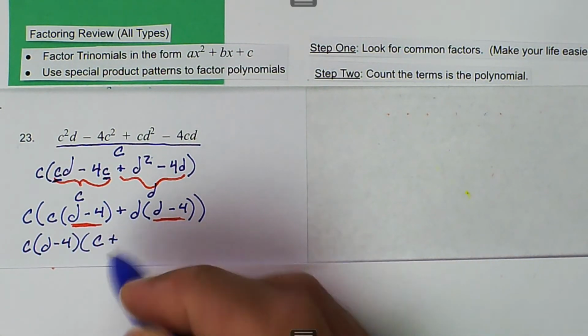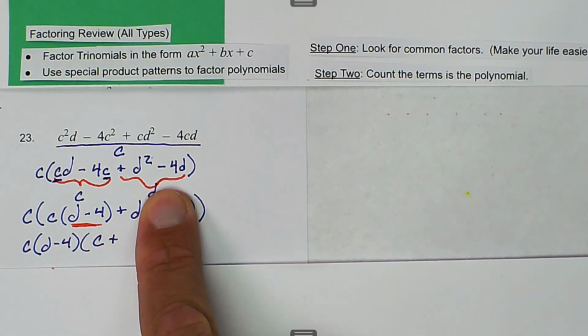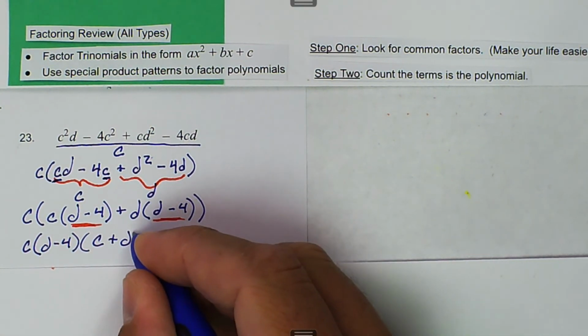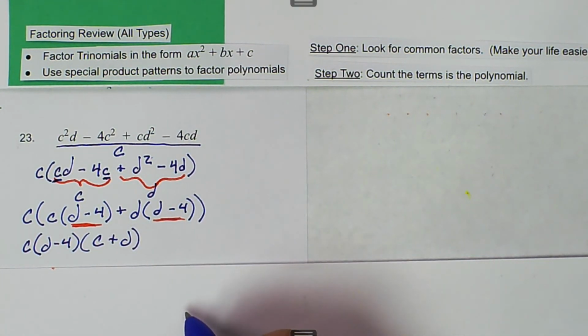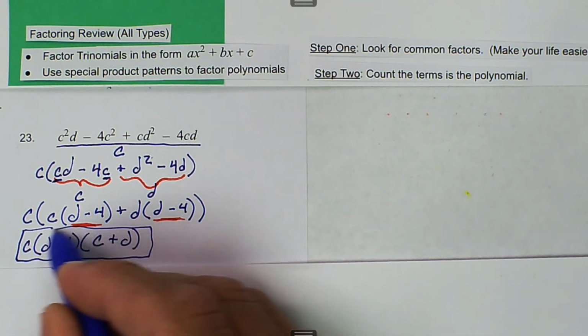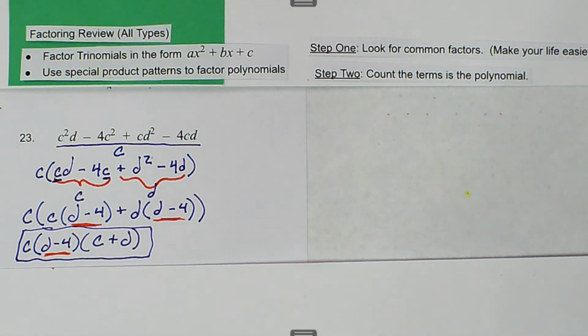Then we still have our plus sign. If we take the d minus 4 out of the second term, then we're just left with d. So we'll write our d down. And then that will be the solution in factored form, where we factored the d minus 4 out, and we use grouping in order to do that.